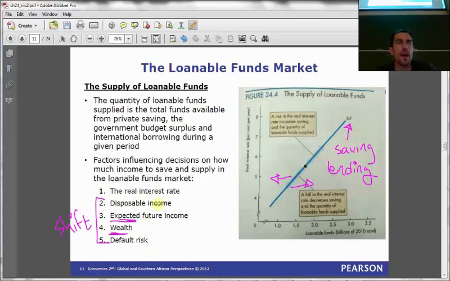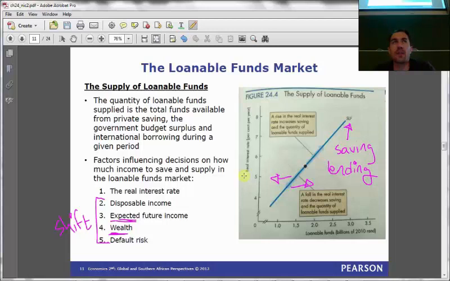Changes in current disposable income, changes in expected future income, your current wealth, as well as any default risk that would come with lending your savings to someone.